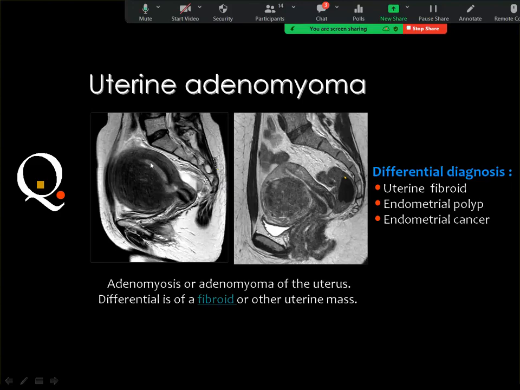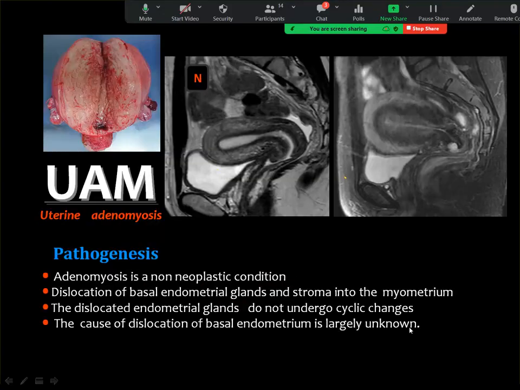But the adenomyosis blends freely with the adjacent myometrium, and then you also may see some bright foci within the adenomyosis, but you may also see bright foci within the fibroid. Both lesions are of dark signal in the T2 weighted images and enhance after contrast injection.